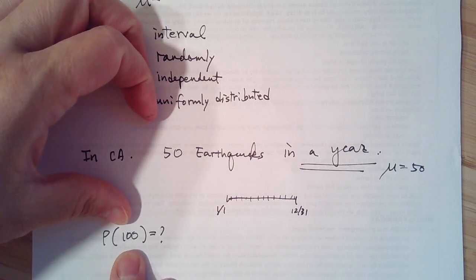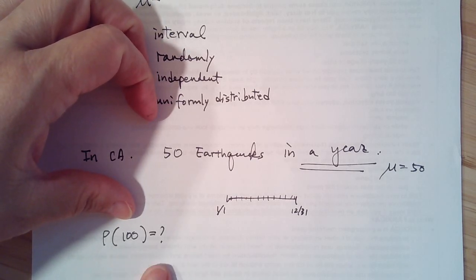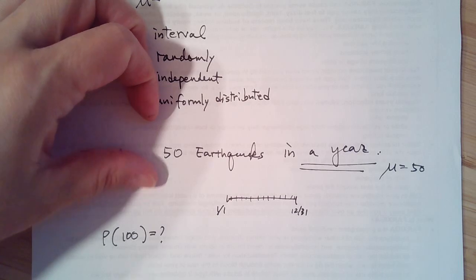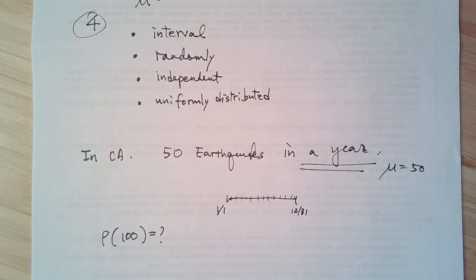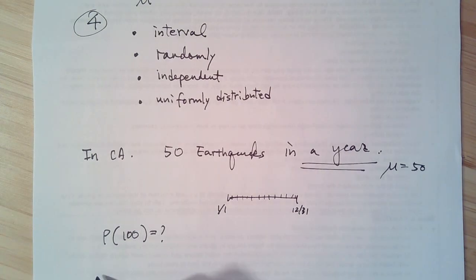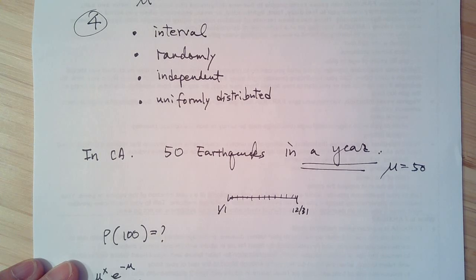We don't know yet, but I tell you it is. And the probabilities should be between 0 and 1. Can we find it? Yeah, we can find it by using the formula. Do you remember the formula? It's mu to the x, e to negative mu, over x factorial. So that's p of x.